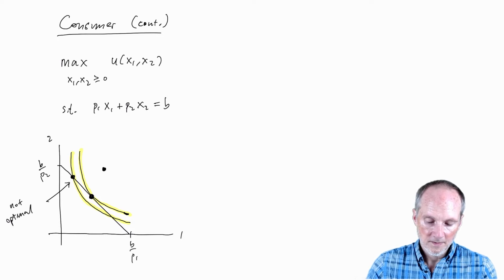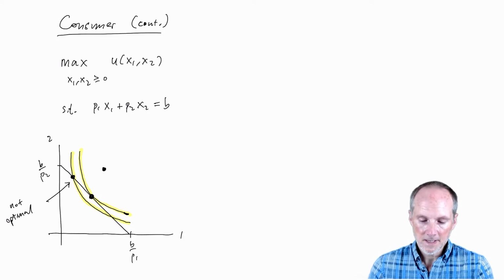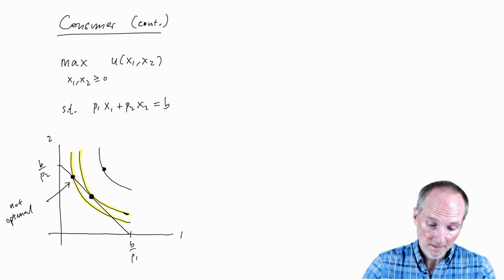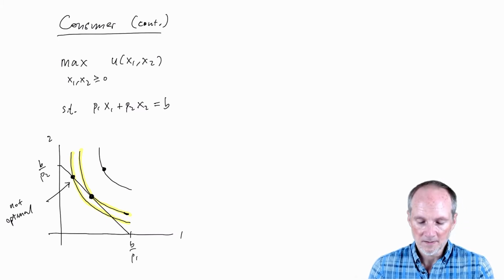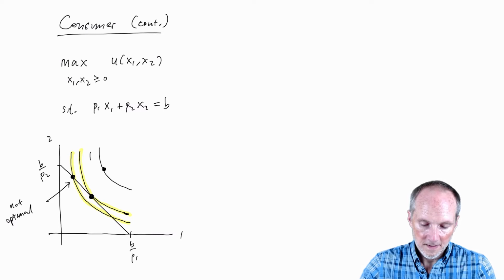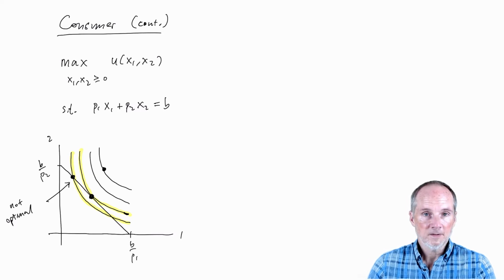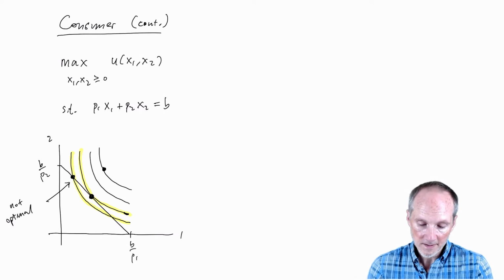Here's a bundle that's got pretty high utility. I can draw an indifference curve through that, but it's not in the feasible set. So I'm just not going to worry about bundles like that. If you think about it, indifference curves like this are irrelevant because there's no way the consumer can afford that level of utility.